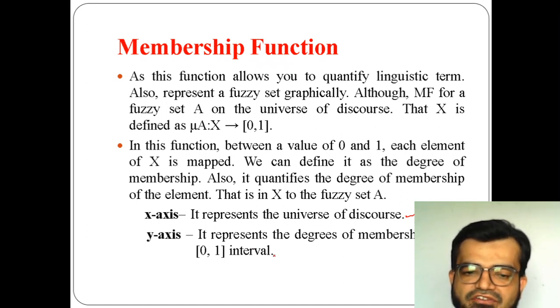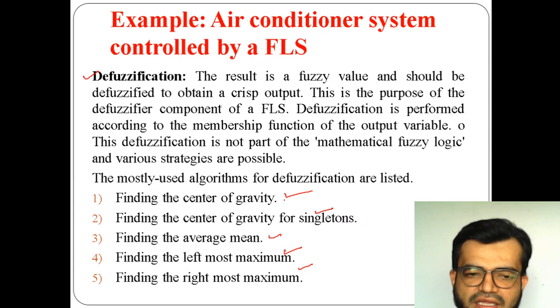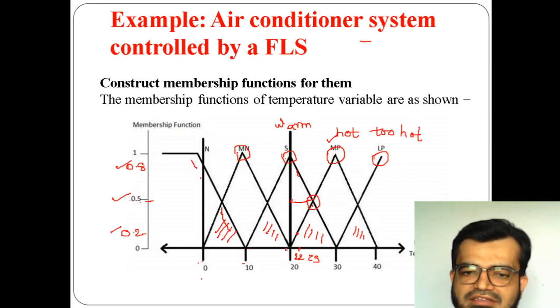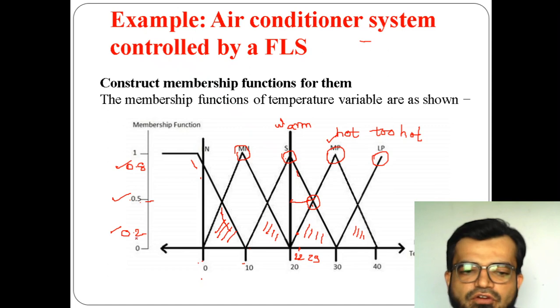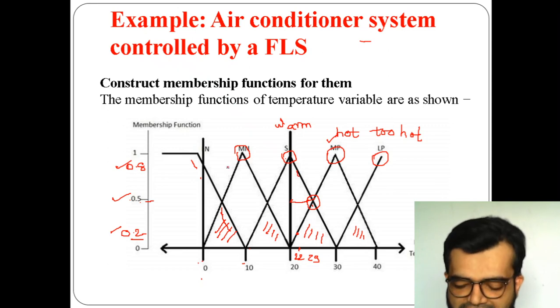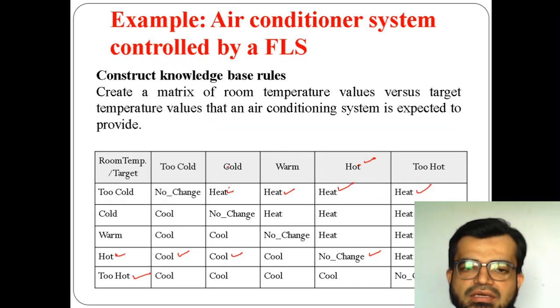And this is the degree of membership, 0 to 1. I just explained this example: if it is 22 degrees, it is hot to the degree of 0.2, and it is warm to the degree of 0.8. In that sense you can get the things.